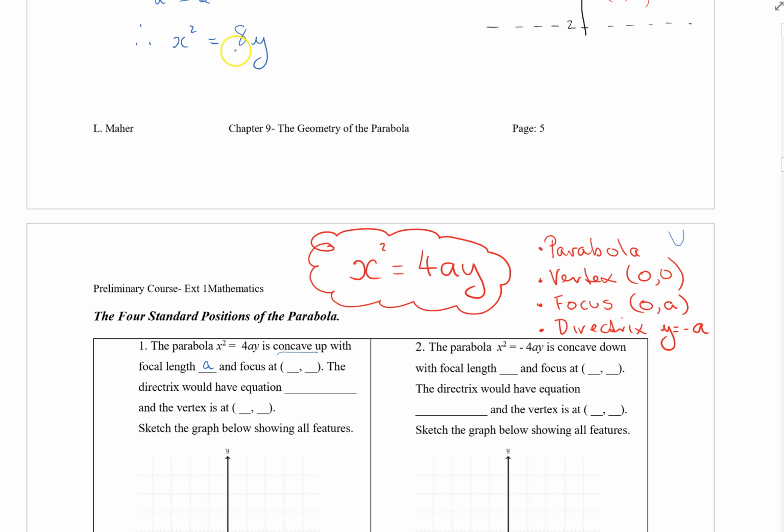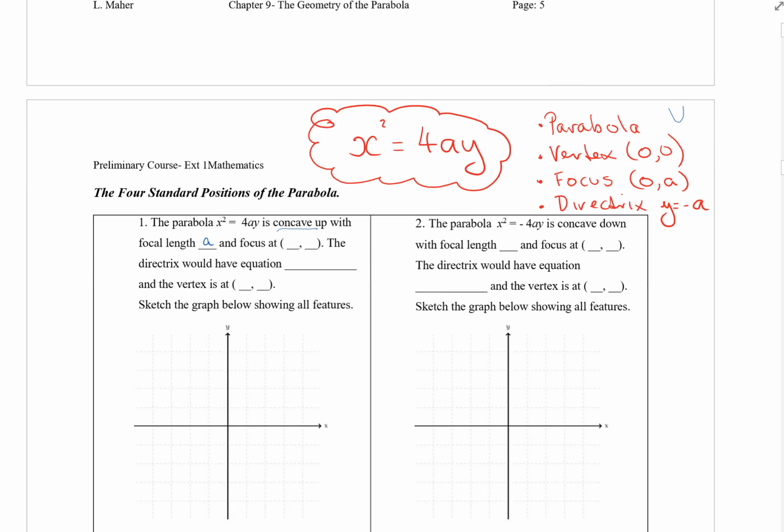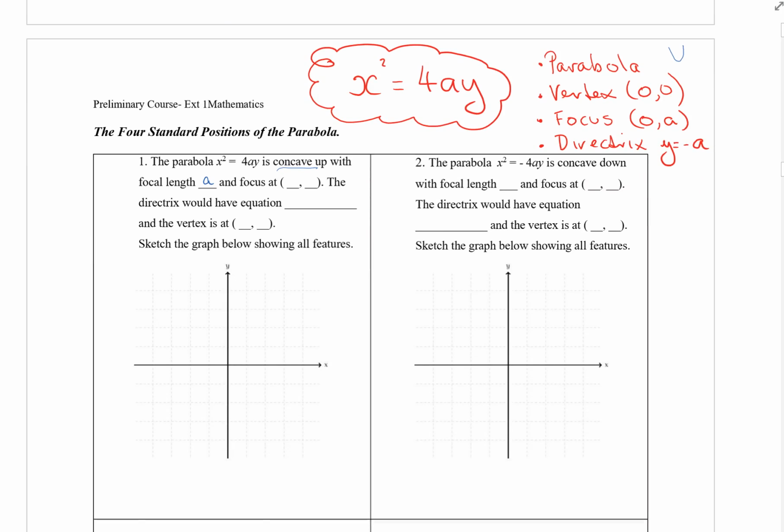Because if it's written in this format, the 4 has already been incorporated into that value. So whatever that number is, you need to divide it by 4 in order to get the focal length. Remember me at some stage saying 4 stays 4, never changes, however it might not look like 4.